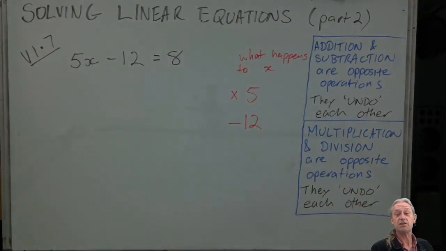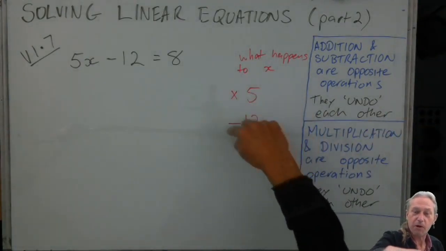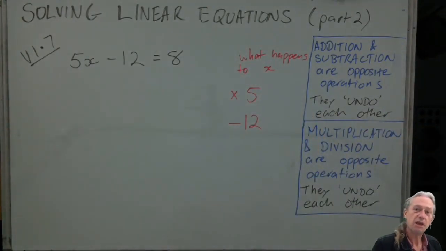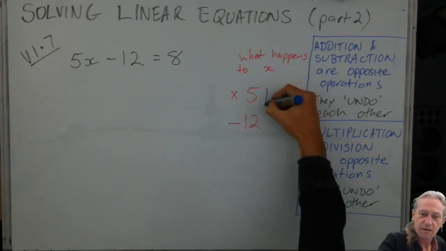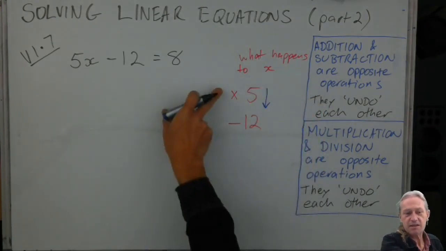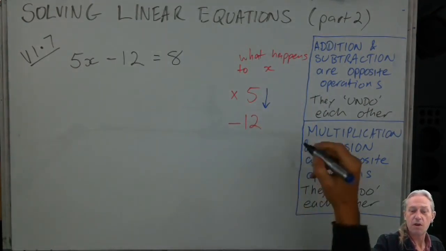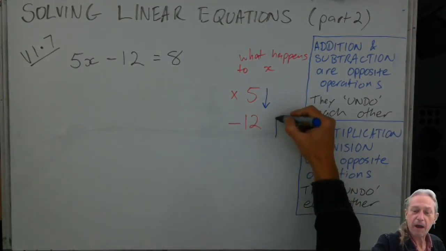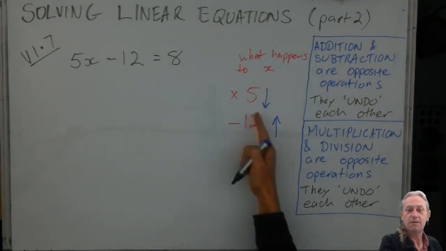So what we need to do is undo both of these things, but in reverse order. If this is the order that things are happening to the x, we multiply by 5 and then take away 12, we need to go backwards and undo these.